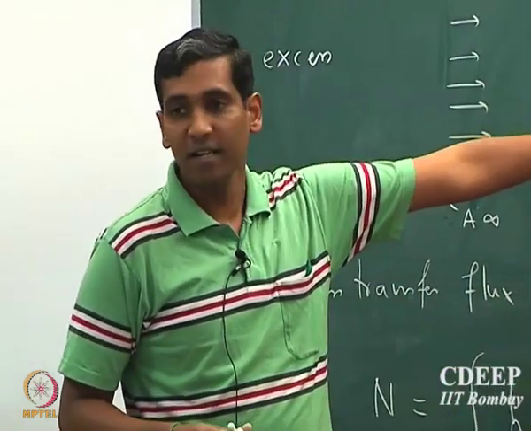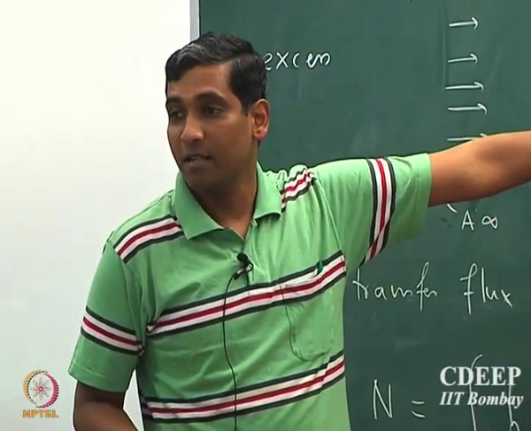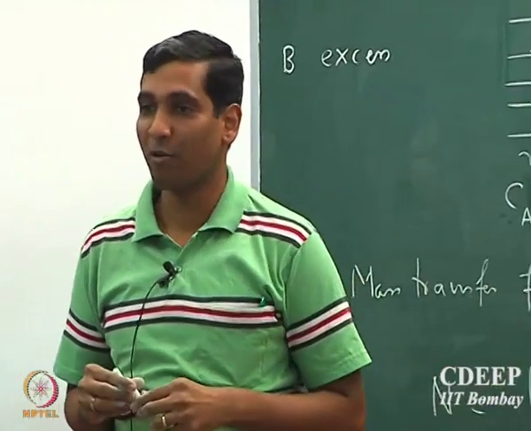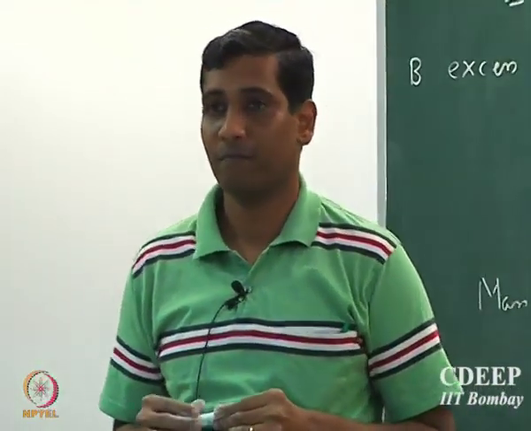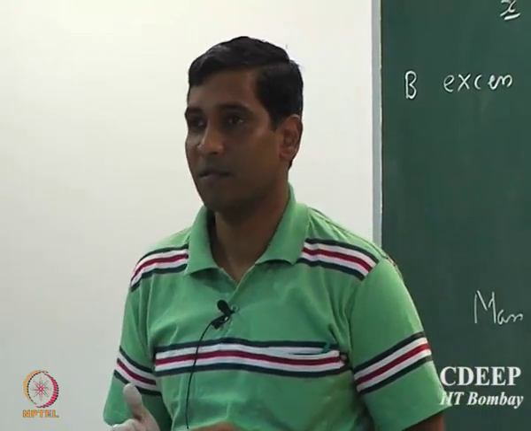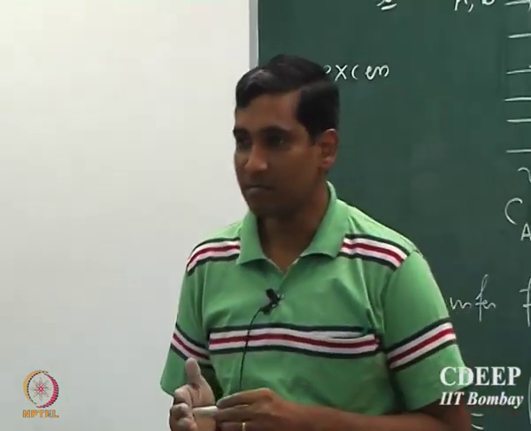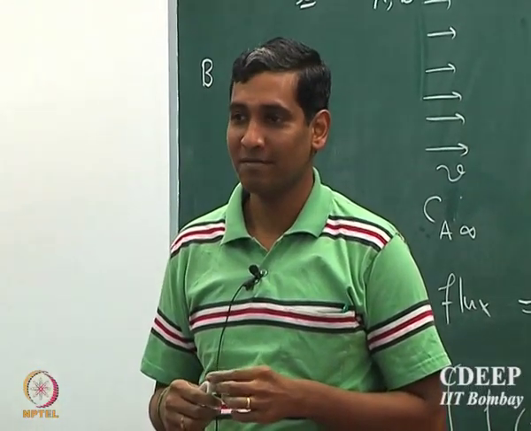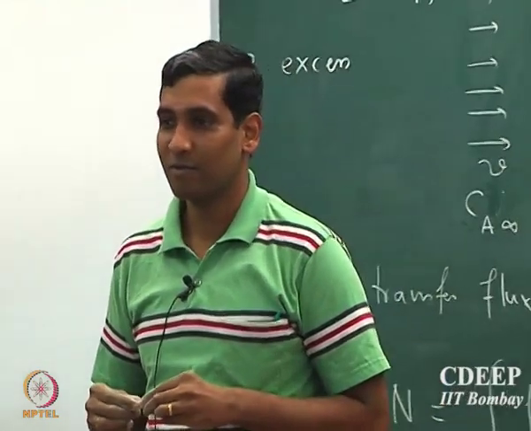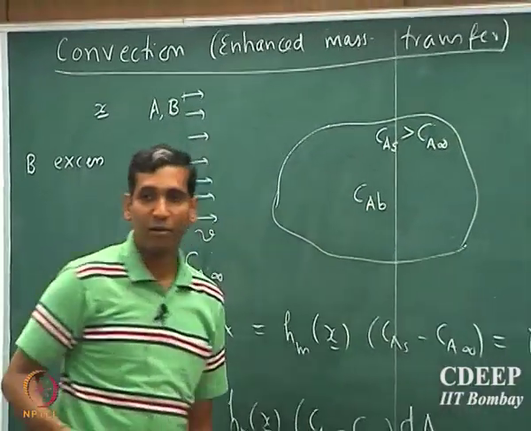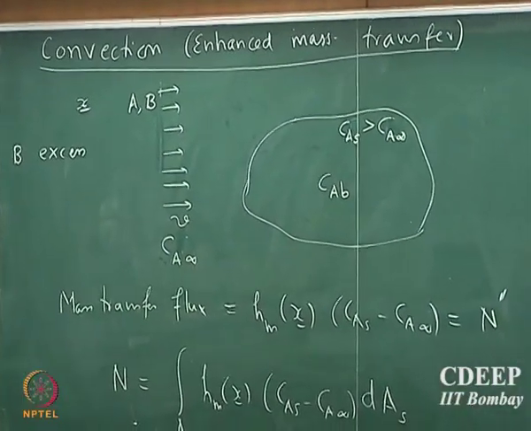Let us assume that it's a well mixed system inside here. The bulk concentration is the same everywhere. Is C_AS still a measurable quantity? Remember some of the concepts you have learned in thermodynamics and probably transport also. So what is the balance that you would write at every location for this problem?